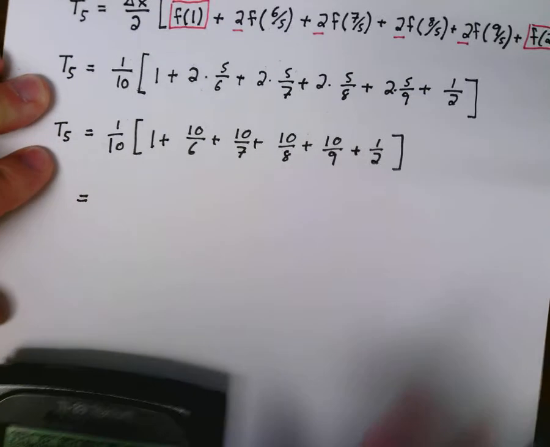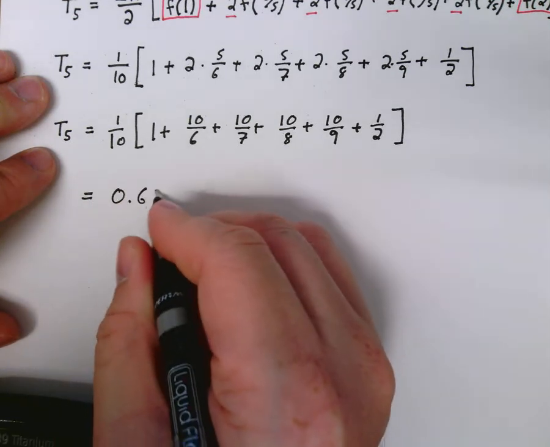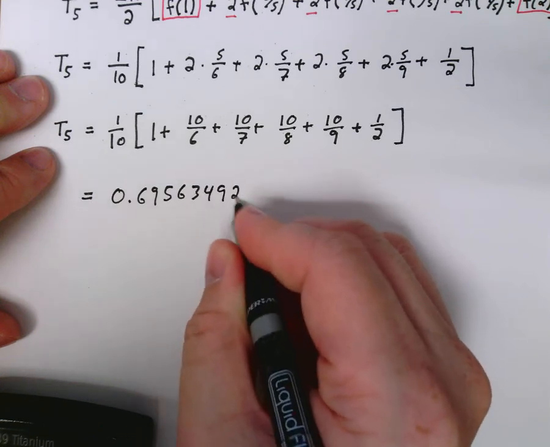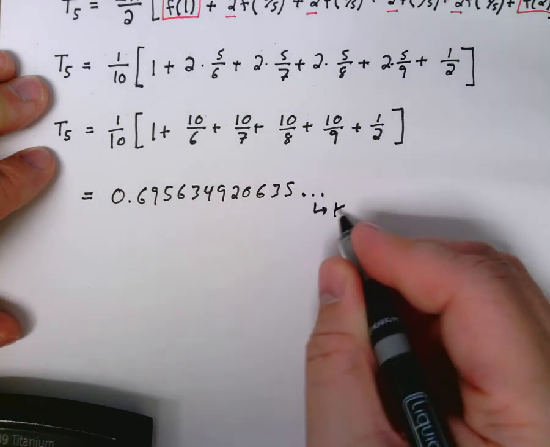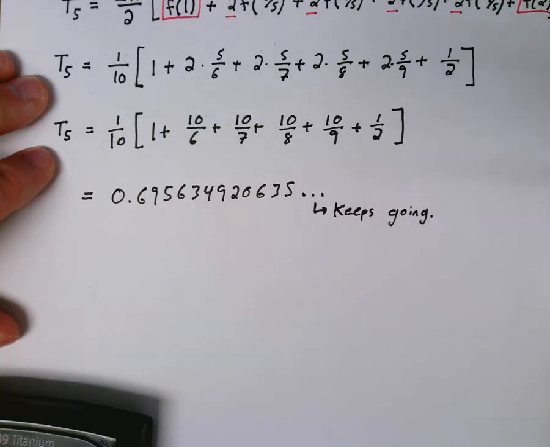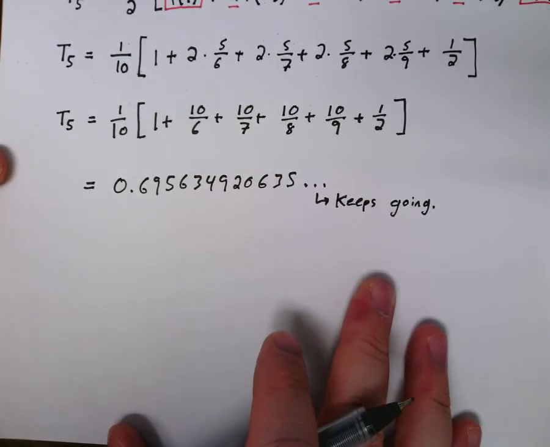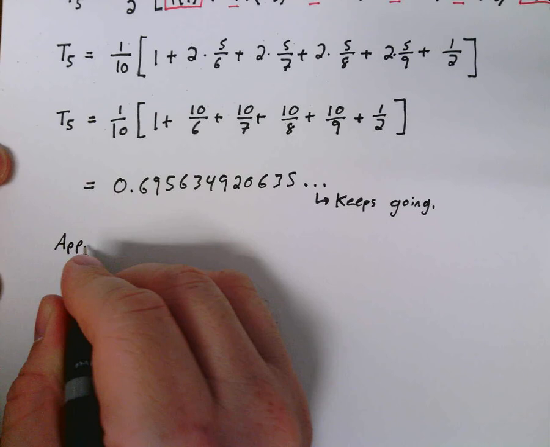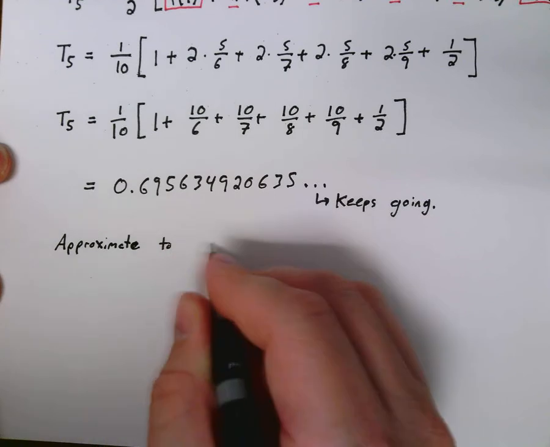So that's going to turn into 0.6956... So let me just write out some of these digits. 0.69563492063... keeps going. So when I ask you these questions on the test, I'm going to have to tell you to approximate it to a certain number. Okay, so let's approximate this to, say, 4 decimal places.